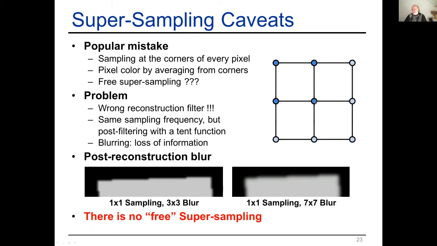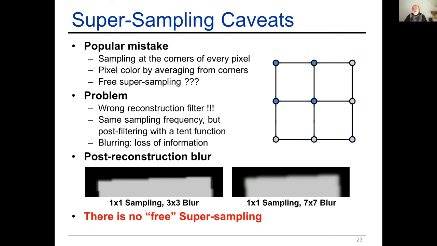So this sample here in the middle, I can actually use for all 4 pixels. For the top left pixel, you average these 4 samples at the corners of that pixel. And then for the top right, you reuse the shared values at the edge between the 2 pixels. That seems like a great idea, because you still average 4 samples, but you're reusing them, so you don't have to trace as many rays.